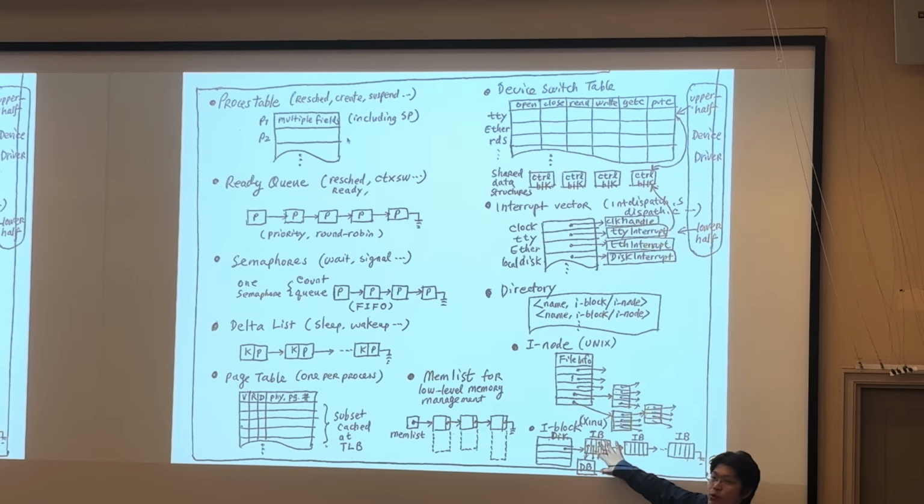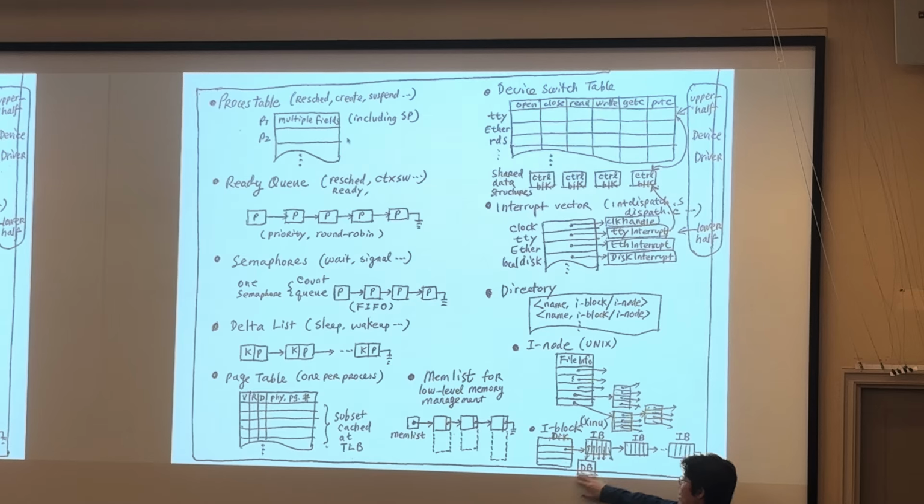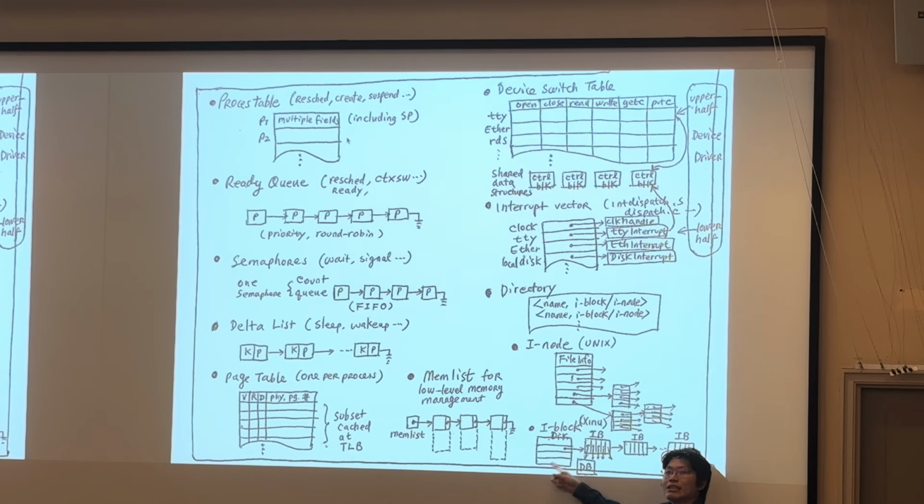In Xinu, it's much simpler. You have one directory block, and each directory entry points to the first I block of a file, and each I block is a list of pointers to the data blocks of this file.